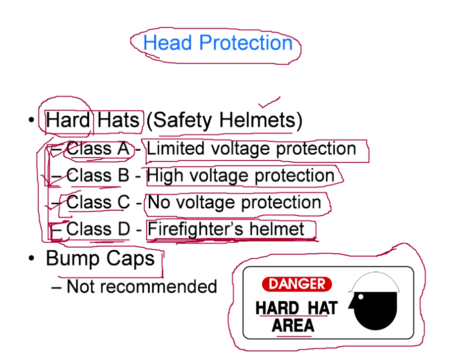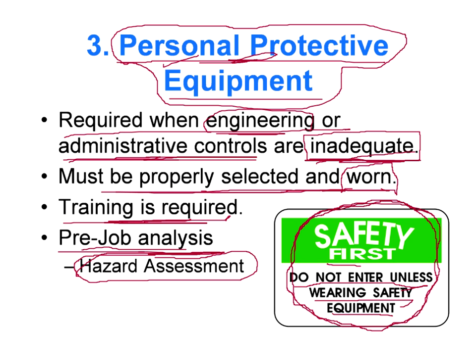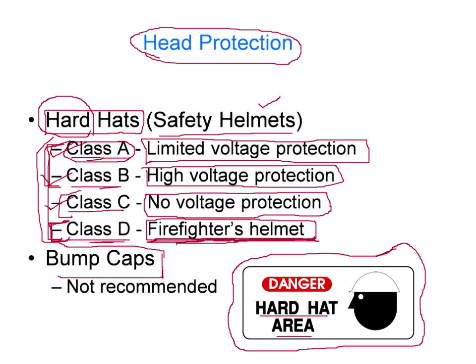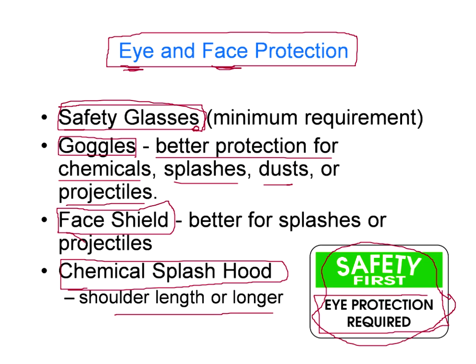So we use safety glasses as the minimum requirement. Goggles are better protection, used in dangerous situations like welding and other chemicals, splashes, dusts, projectiles, everything. And in some areas we use a face shield, which gives you more protection. Understand? Similarly for chemicals, wear safety equipment. So everywhere there is safety.